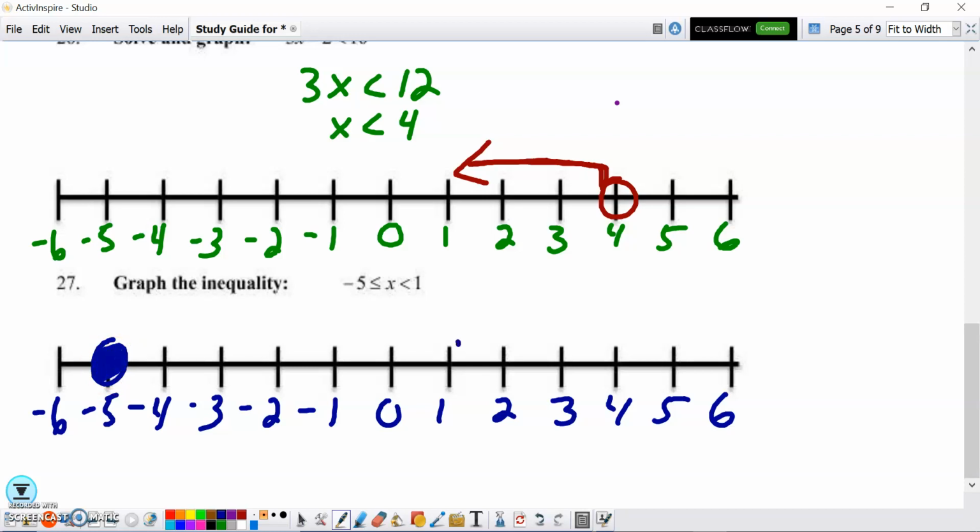Open dot on the 1. Okay, this is an and situation, meaning we are going to shade in between. Okay, do not draw 2 arrows pointing at each other. Connect the solid dot and the open dot. All right, that's number 27. Let's turn the page.